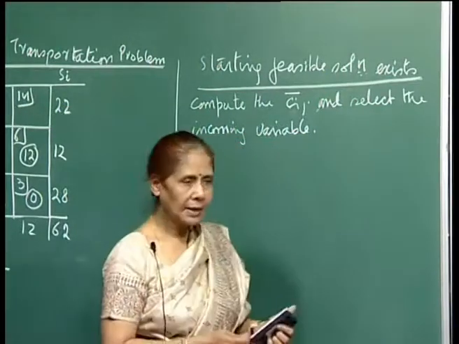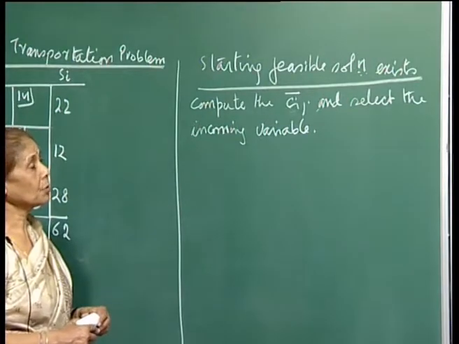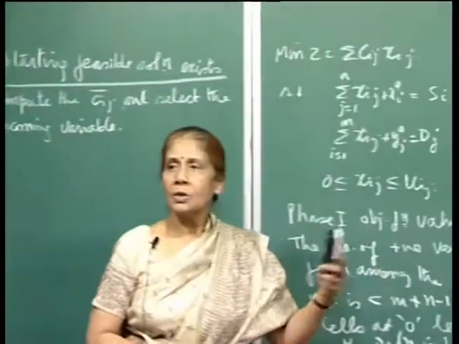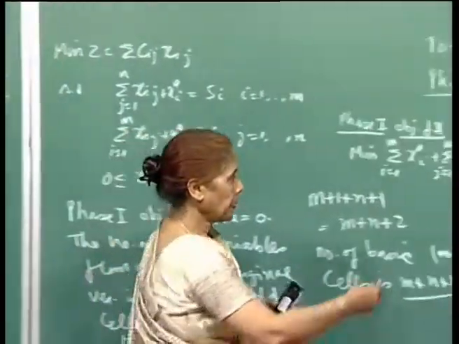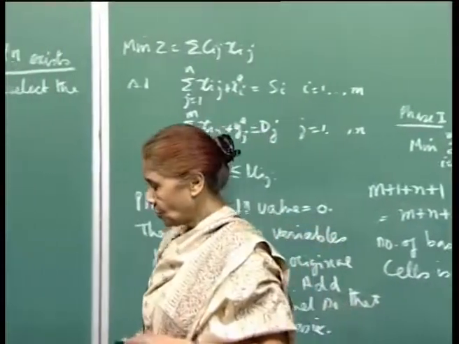But when you have very large problems, to select the most negative or the most positive, you really have to scan all the cells and find out which one it is.